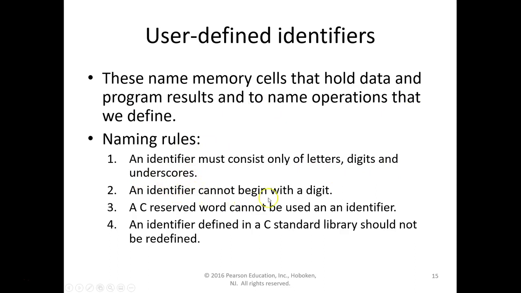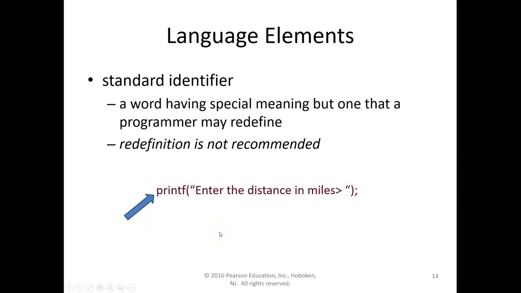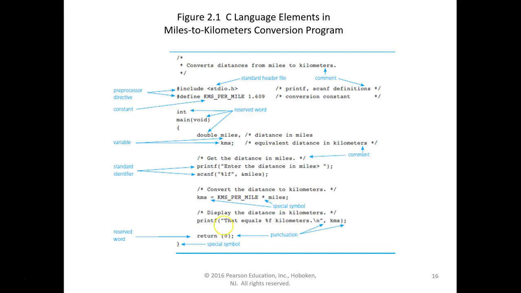An identifier cannot begin with a digit, and a C reserved word cannot be used as an identifier. An identifier defined in a C standard library should not be redefined.